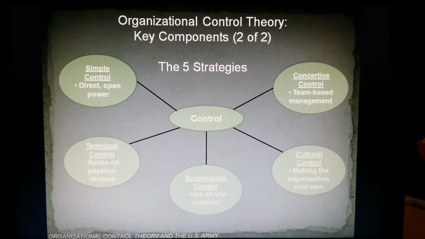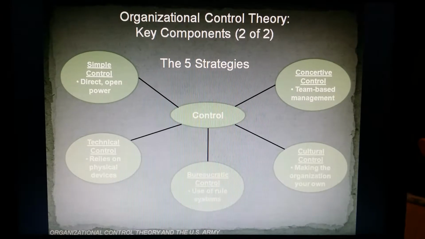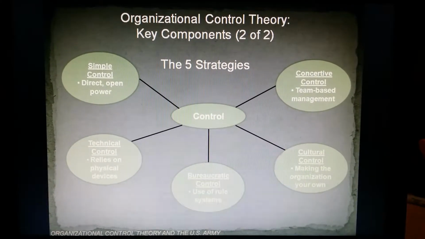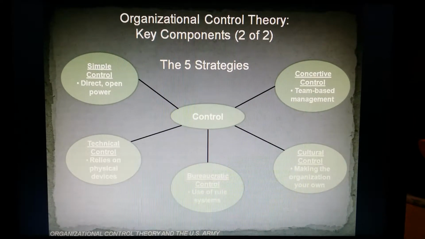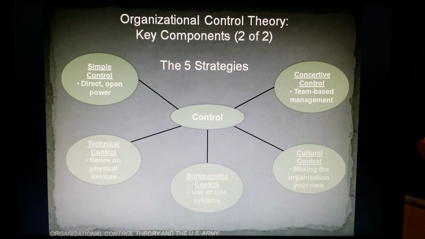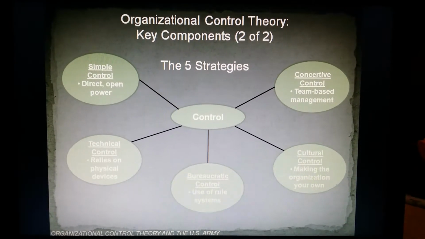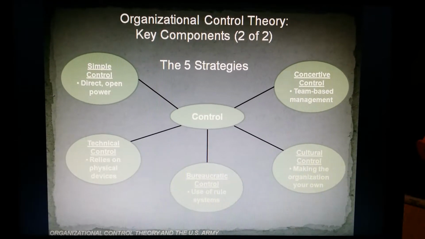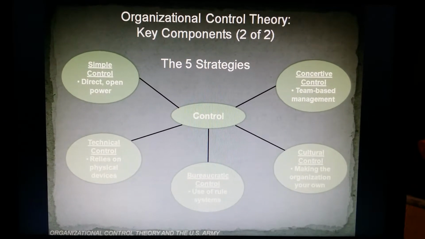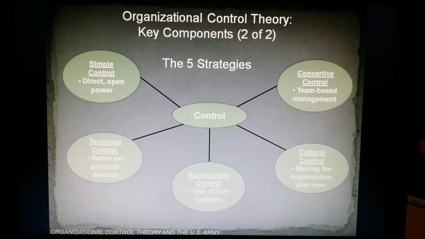This particular strategy relies on the strength of the relationship between the supervisor and the worker. It can be a powerful strategy because the supervisor is directly involved with the entire process. They see everything, they hear everything, they are there throughout the entire process.